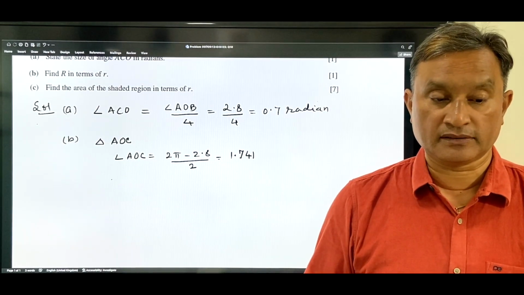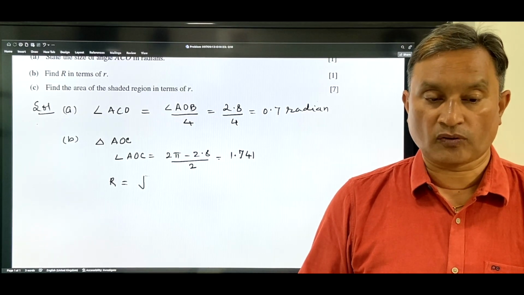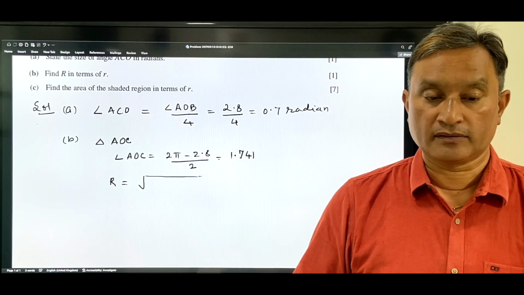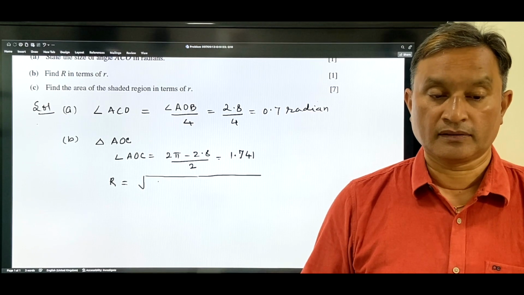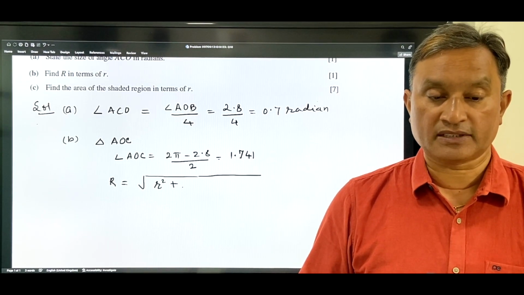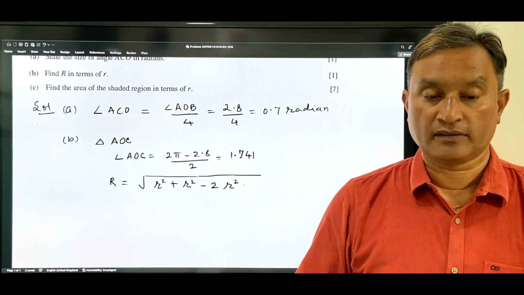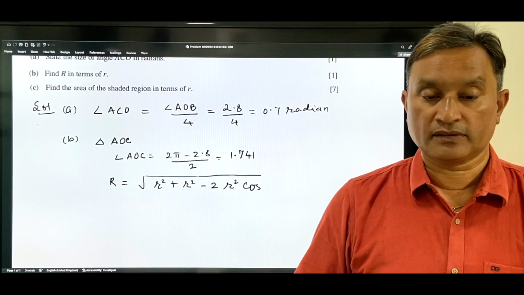Now we will apply the cosine rule for finding the value of capital R. So capital R equals square root of r square plus r square minus 2 r square cos 1.741.